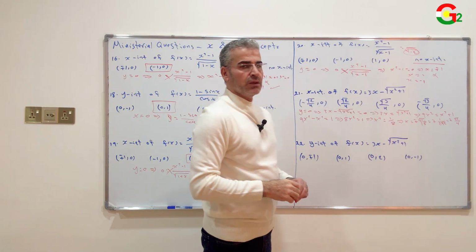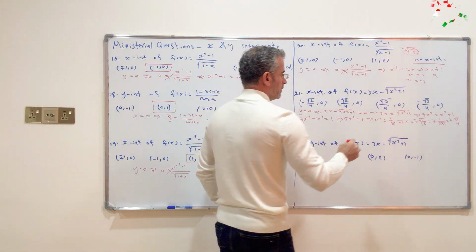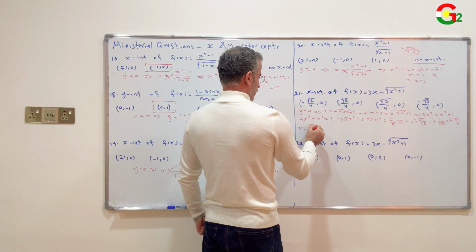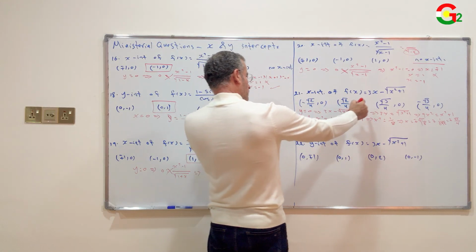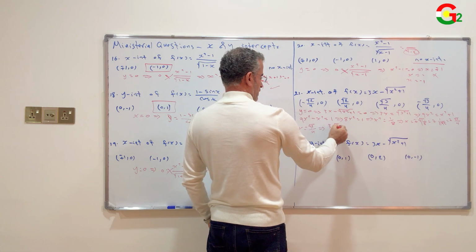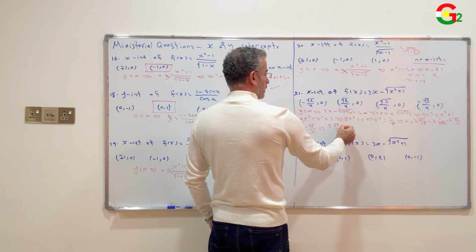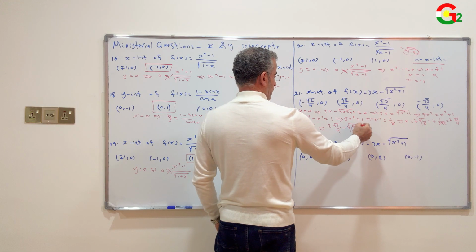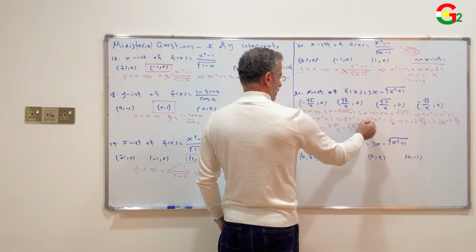Now, let us check these points. For x equals sqrt(2)/4, then 3 times sqrt(2)/4 minus the square root of (sqrt(2)/4)^2 plus 1. That is 3 sqrt(2)/4 minus the square root of 2/16 plus 1, which is 18/16.